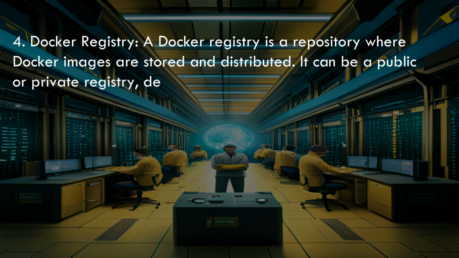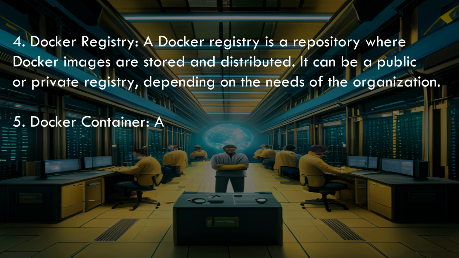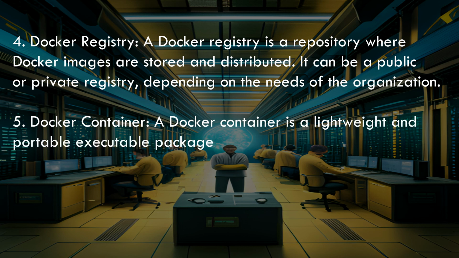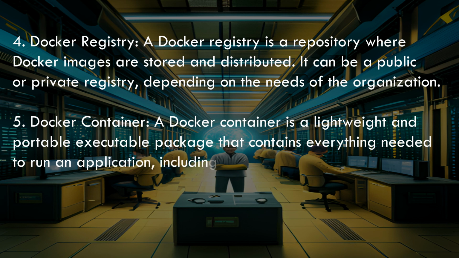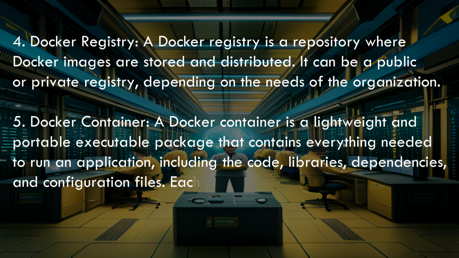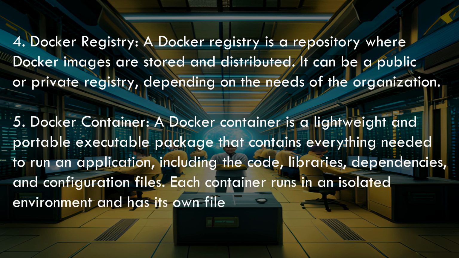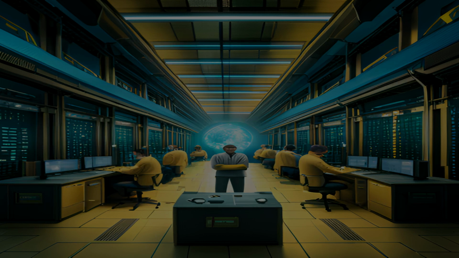It can be a public or private registry, depending on the needs of the organization. 5. Docker container. A Docker container is a lightweight and portable executable package that contains everything needed to run an application, including the code, libraries, dependencies, and configuration files. Each container runs in an isolated environment and has its own file system, network, and resources.